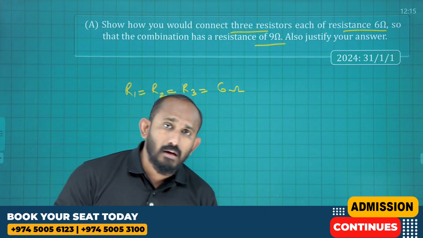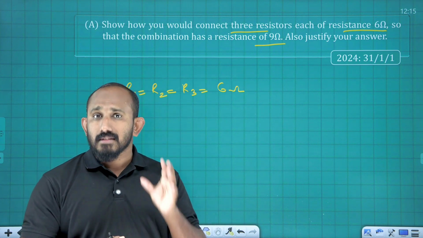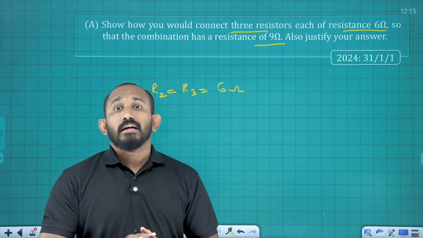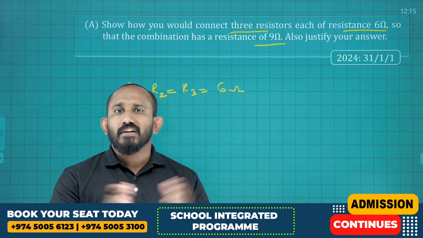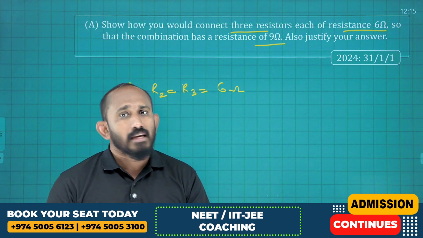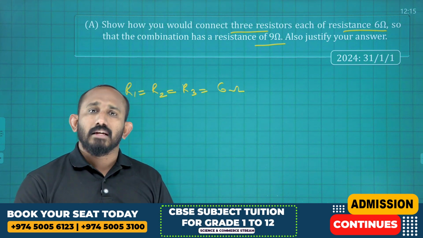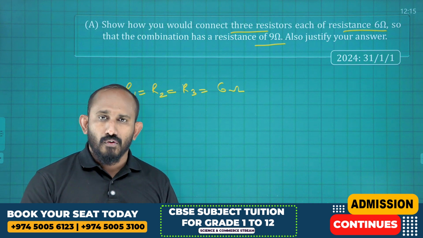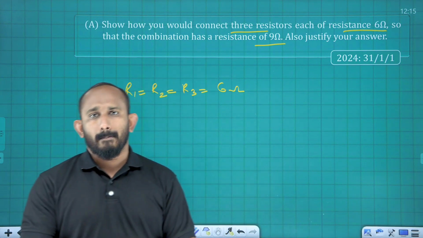In a parallel combination, the basic logic is that if you connect resistors in parallel, the effective resistance decreases. If they are different values, the effective resistance will be lesser than the least value of the given resistors. Here we have three 6 ohm resistors, so if they are all in parallel, of course the resultant will be below 6 ohm.